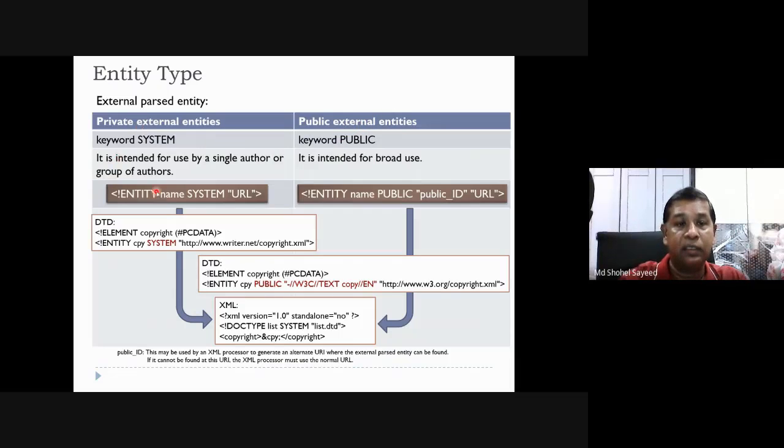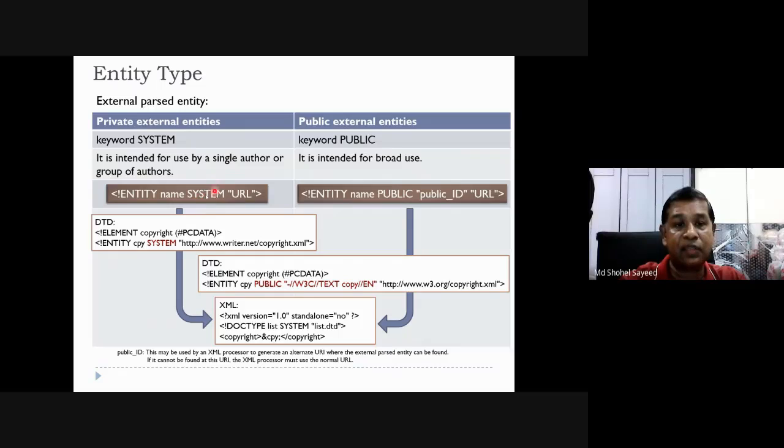It is intended to be used by a single author or group of authors. The SYSTEM is used for a single author or group of authors, and the PUBLIC is intended for broad use. Now how do you define this one? ENTITY, name, SYSTEM.